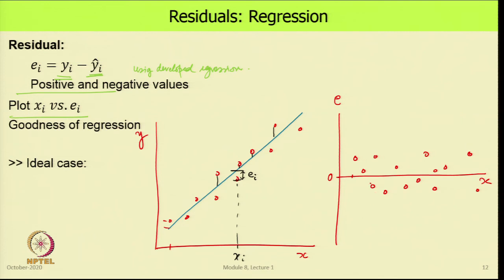So, if these points are spread out equally on the positive and negative sides within a certain limit, and there is no pattern that you can make out by looking at these points, then it tells you that the E_i are spread randomly and they have no connection with x_i.